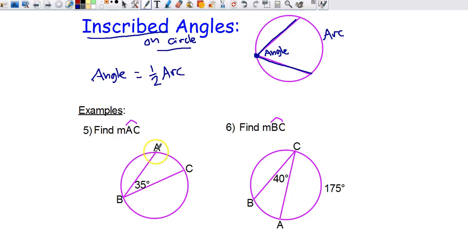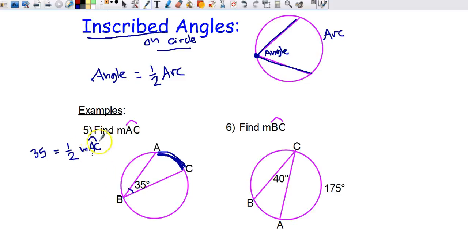So let's look at this problem. Our goal is to find the measure of arc AC. I had the angle, so 35 is the angle. It's 1/2 of the measure of arc AC.